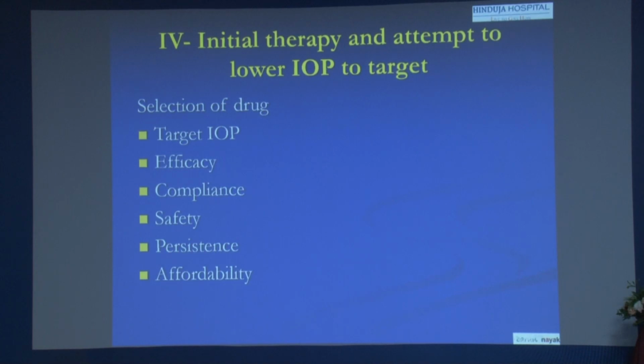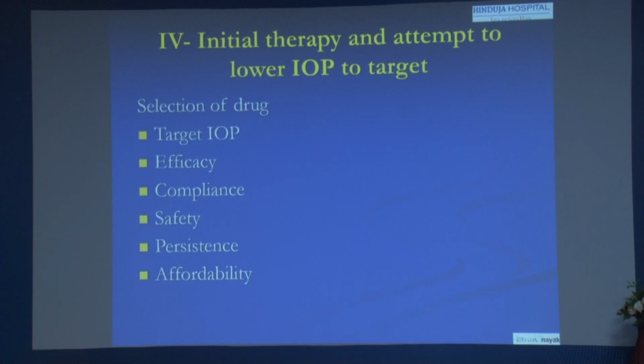Now the selection of drug. You have got 3 options: one is the medicine, second is laser treatment, and third is some surgery. If it is angle closure glaucoma, definitely you will think of doing laser treatment first, but otherwise medical treatment is usually given as the first trial. So how do you select a drug? Always remember, there are certain drugs which are first line and certain drugs which are not first line.